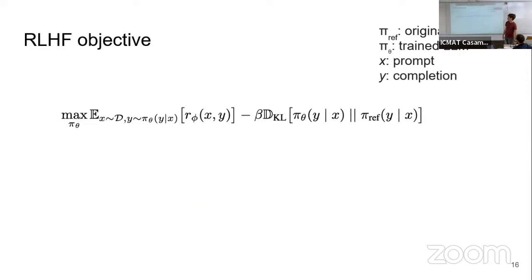So now we're going to introduce the formulation. This comes from the Ziegler paper, but most reinforcement learning from human feedback papers use the same problem. It's quite simple, not very complex maths, but let's go step by step. So the first part, we want to maximize the policy p theta. p theta is the model we are training.